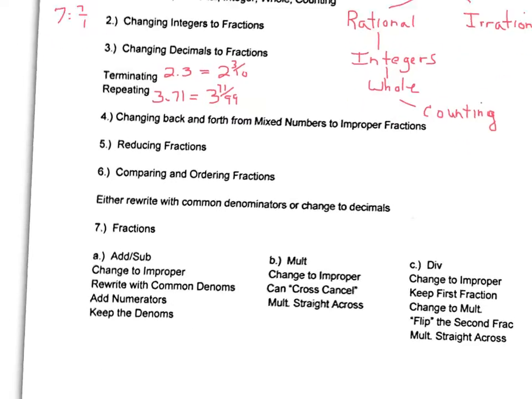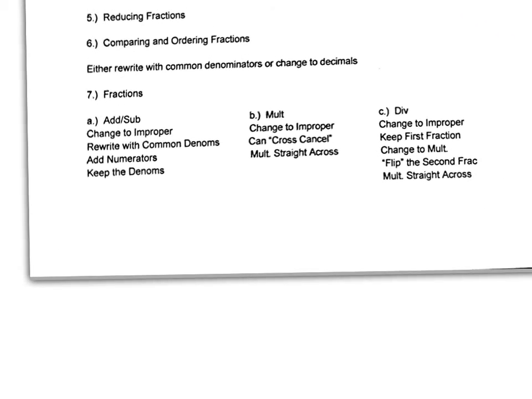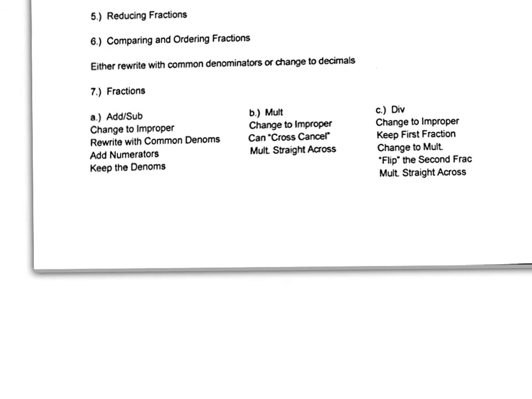All right, fractions. Pretty big deal that you know how to add, subtract, multiply, and divide fractions. So I'm going to quickly go through that. When you add or subtract, you need a common denominator. So here's an example. 1/8 plus 2/5. The common denominator is going to be 40ths.